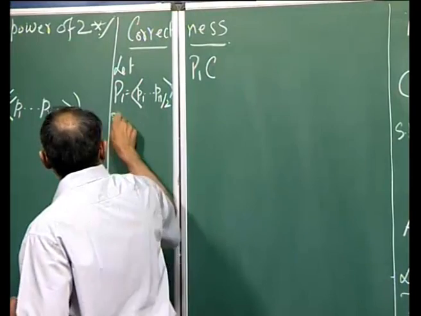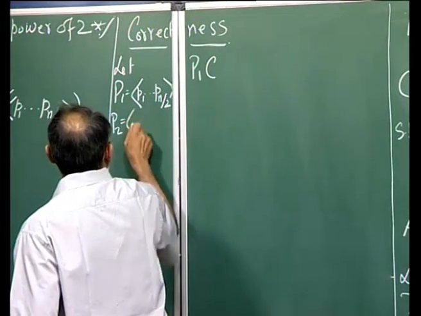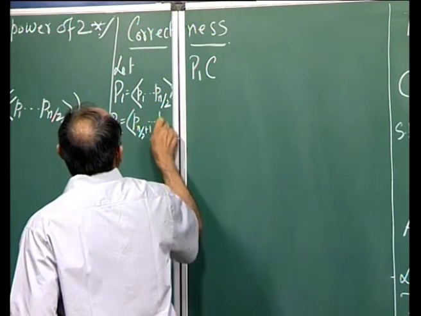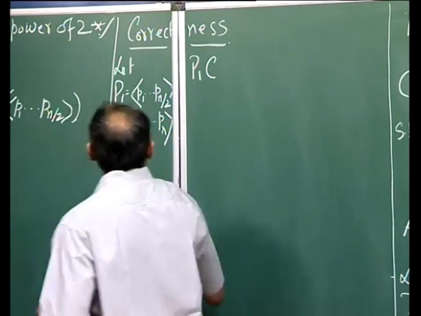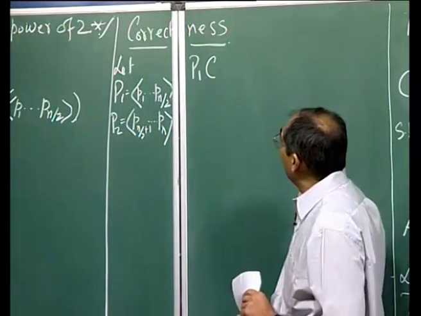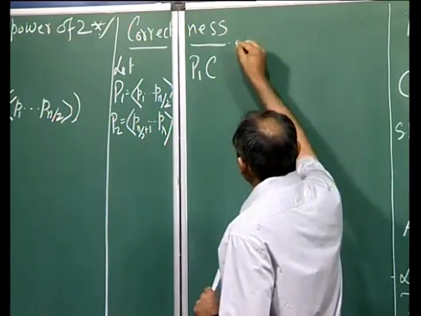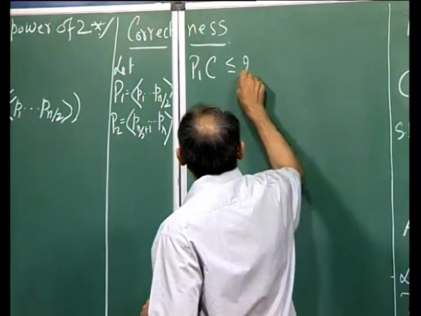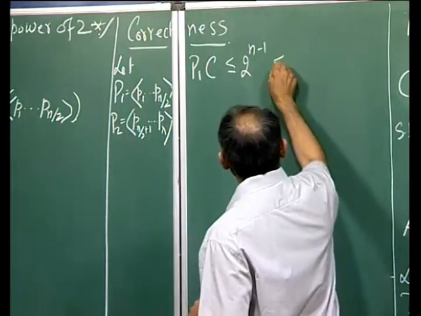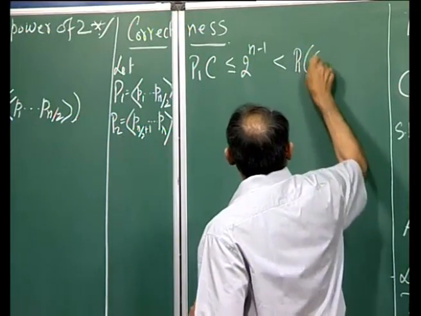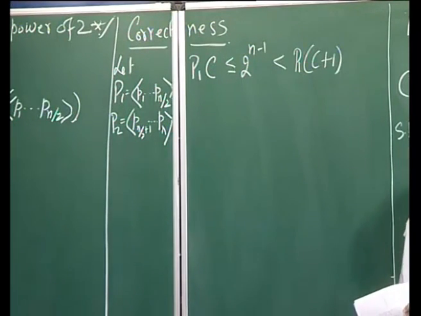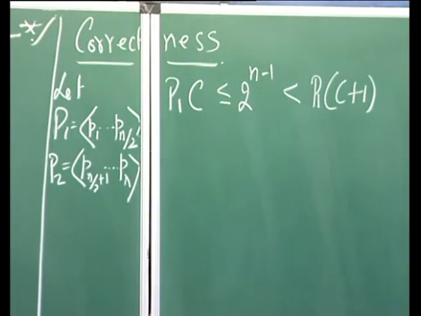I will also denote the next n by 2 bits as P_{n/2+1} through P_n. So, I am splitting P into these two parts. Then P1 C must be less than or equal to 2 to the power n minus 1 and should be strictly less than P1 times (C plus 1). This is something we can take for granted from induction hypothesis.